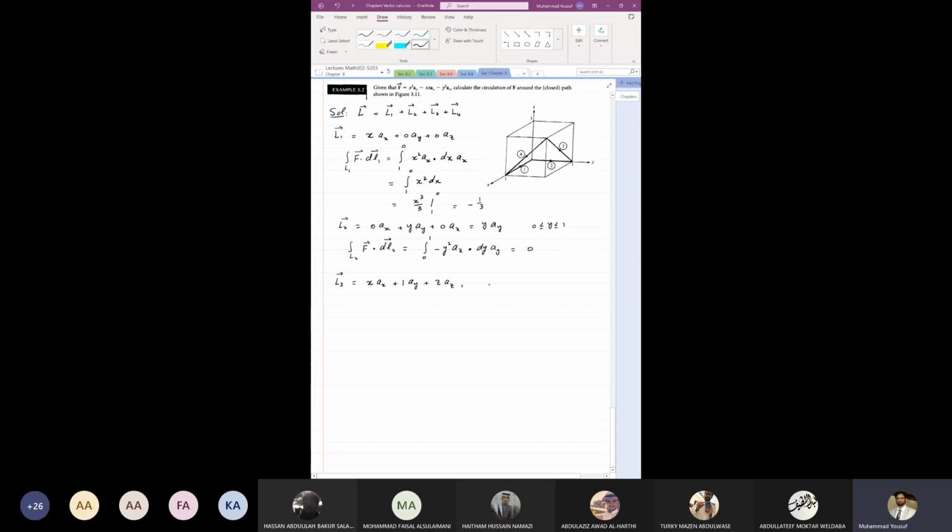So we can say x is between 0 and 1, y equal to 1, and z is also between 0 and 1.